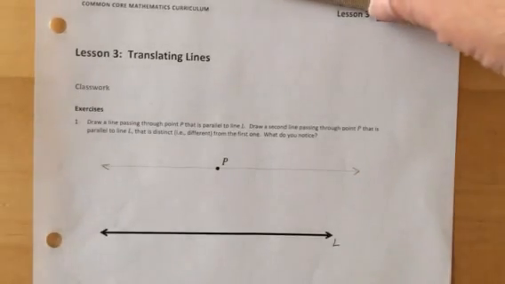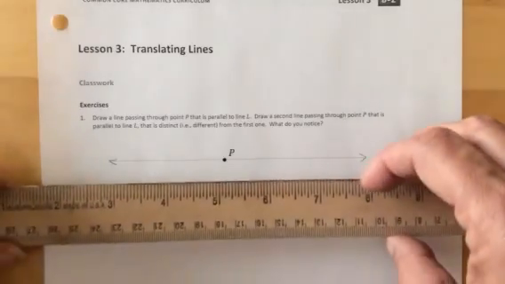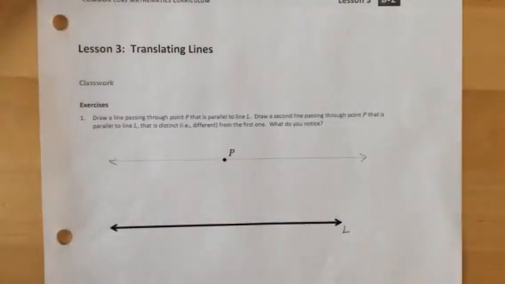But if I try to draw another line through P that's also parallel, I notice that it's just going to be the same line. So I can't draw another one. There's only one line passing through point P that's parallel to this given line.